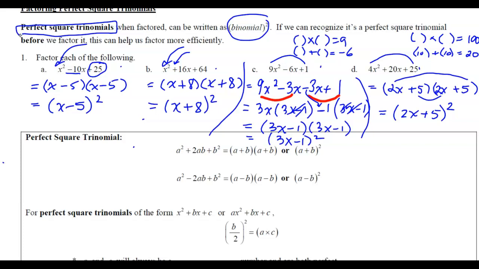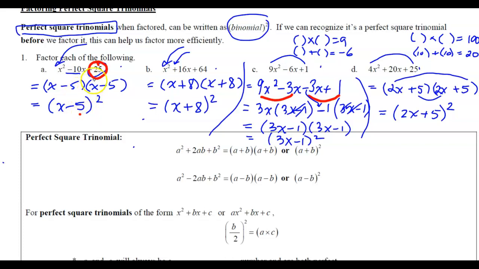If we can recognize it's a perfect square trinomial before we factor it, we can do it a little bit faster. So take a look at these numbers here. So this was a perfect square, okay, positive 25, the root was 5. That's the constant term.